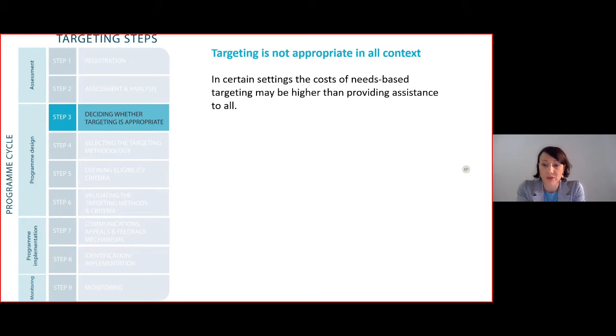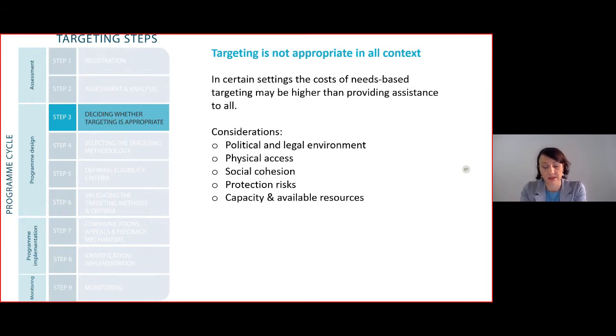So there are several considerations that we should analyze when deciding if targeting is appropriate for that context. First one is the political and legal environment of the refugees. For example, we need to understand if there is freedom of movement, if there are livelihood opportunities for the refugees, and what the legal environment around this is.